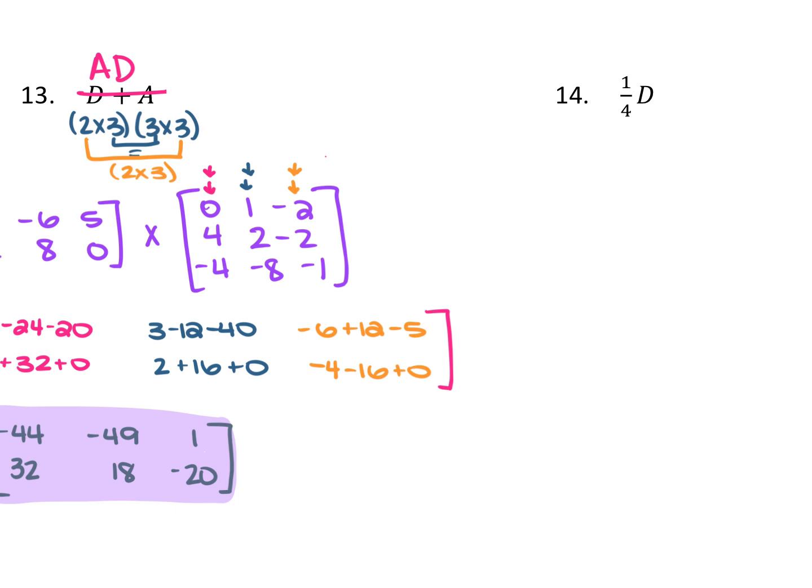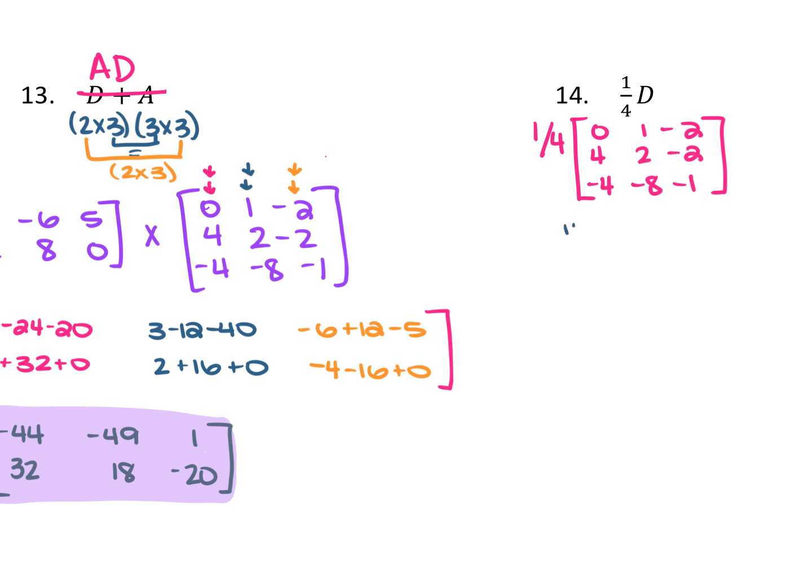For your last question, you have 1/4 times D. So that's going to be the 1/4 times the matrix 0, 1, -2, 4, 2, -2, -4, -8, -1.